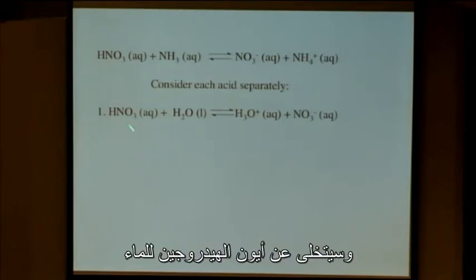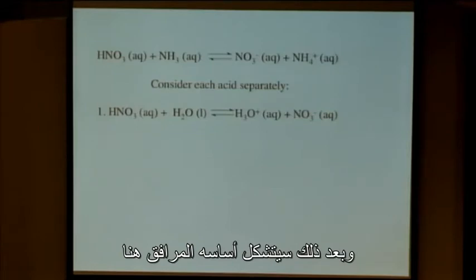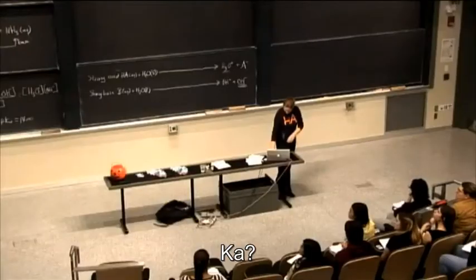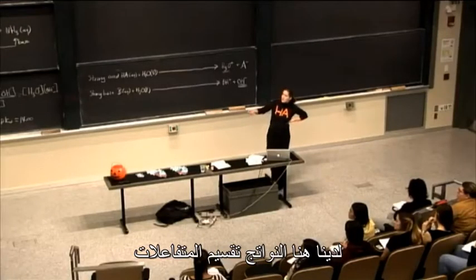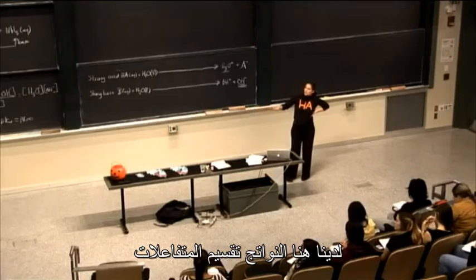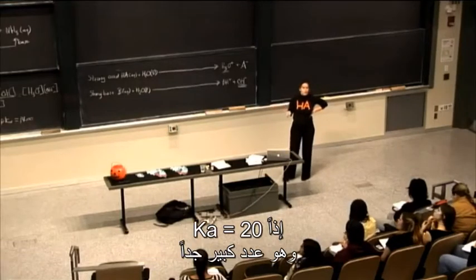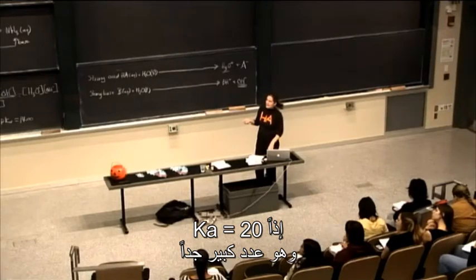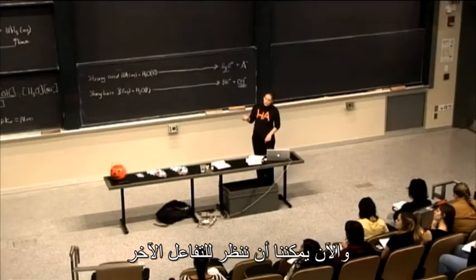So it gives up its hydrogen ion to the water, and then it forms its conjugate over here. So now are we going to look at a Ka or a Kb? Ka. And so we're going to have our products over our reactants, and the number is quite large, 20, for that Ka. And now we can look at the other reaction as well.